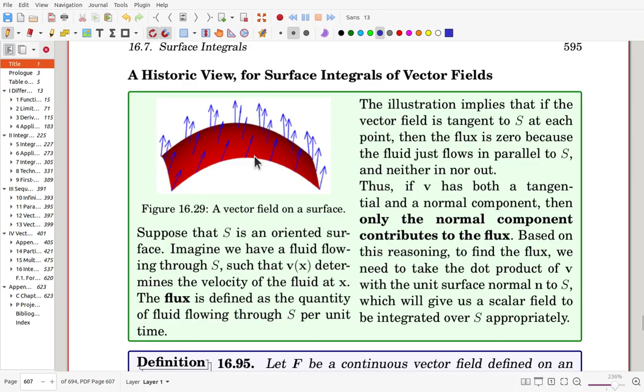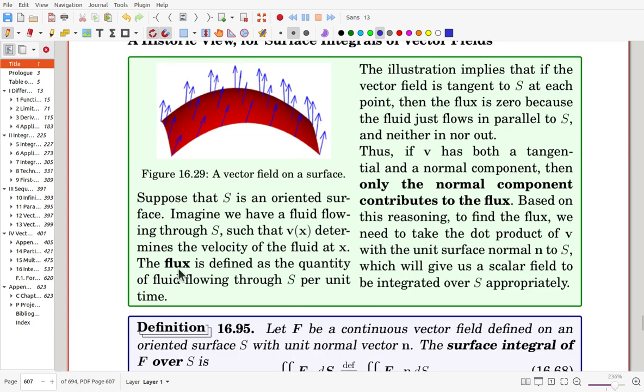Once the fluid is moving along the tangential direction, there's no fluid change from one side to the other. So when you compute the flux, you consider the normal component, because only the normal component contributes to the flux.